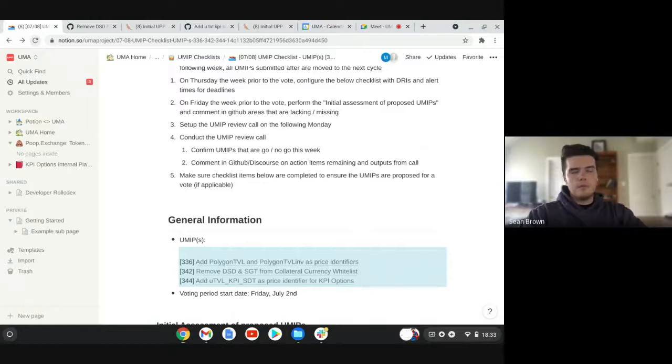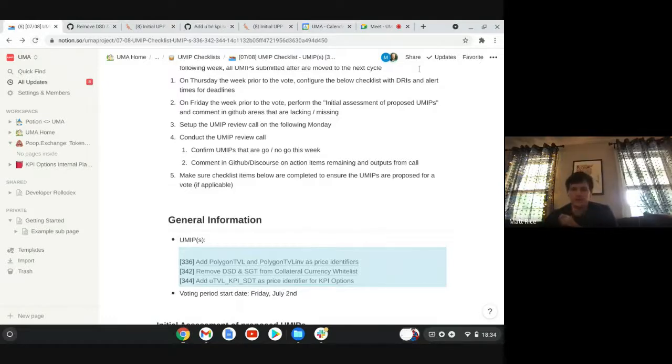Or do we have a policy? I don't think we have a hard policy. I think it depends on the complexity of the calculation. Obviously you would prefer not to use an aggregator. But for some things like Polygon's TVL, where by definition you need some sort of aggregation, I think it's okay.